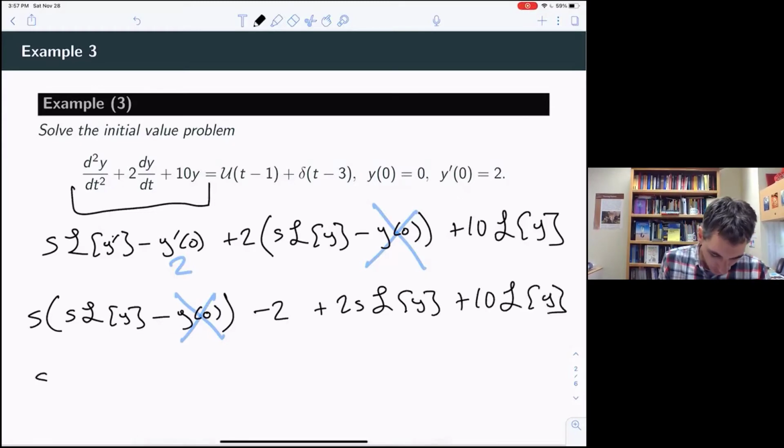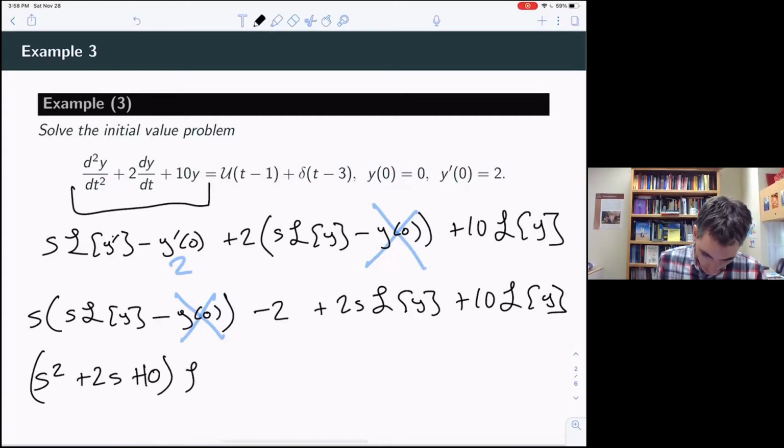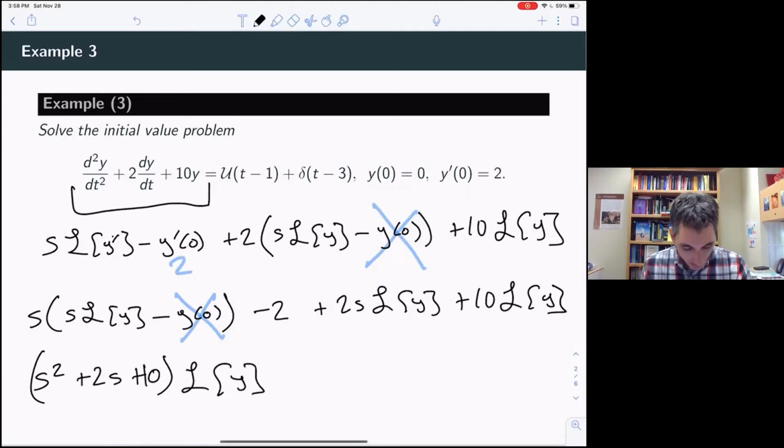And so when you collect together the Laplace transform of y, you're going to get s squared plus 2s plus 10. That's the characteristic equation. And the only thing that's left, I believe, is just minus 2, because y prime of 0 was equal to 2, but the y of 0 terms ended up just going away.